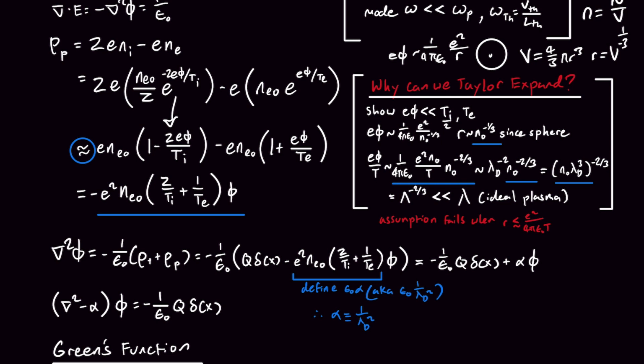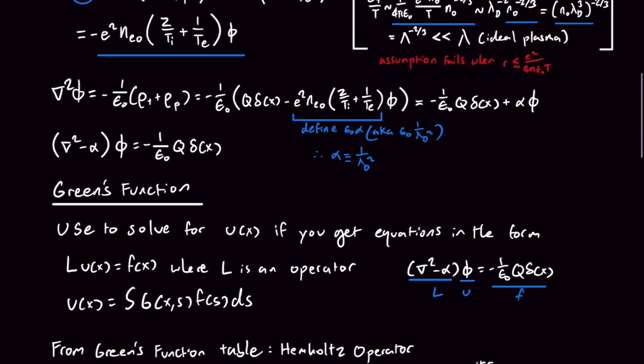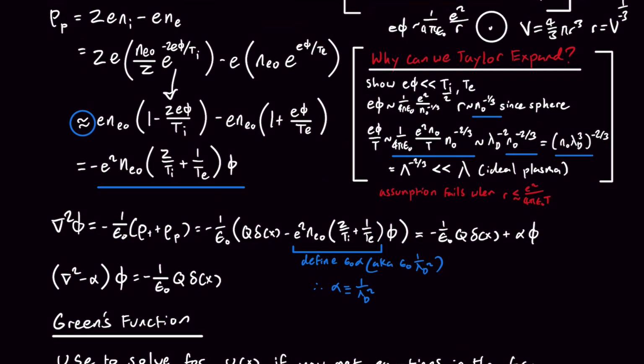So that means that E times potential is going to be much less than T. And then therefore we could show that this is Taylor expandable. However, of course, this kind of relies on a circular logic, meaning we're using a different form of Debye length to prove this temperature dependent Debye length.